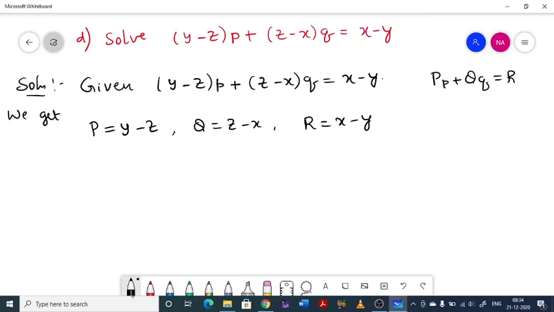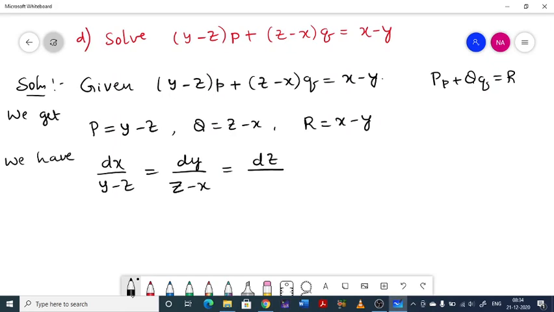Now we have to write this in the form dx by capital P, that is dx by y minus z equal to dy by z minus x equal to dz by x minus y.